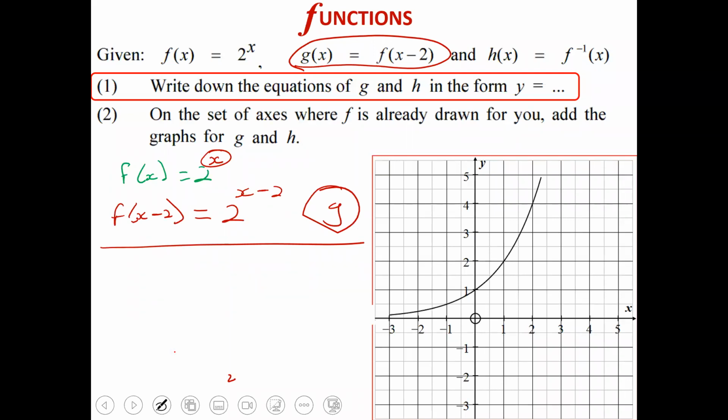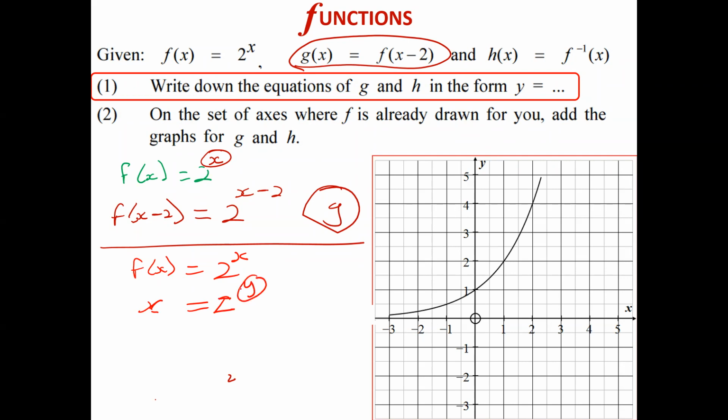So to find the inverse of a graph, remember what we said, step 1. If you've got f of x is equal to 2 to the power x, that's our original. So in finding the inverse, step 1 is to swap x and y. So there's our y, f of x becomes the x, which is actually equal to 2 to the power y.